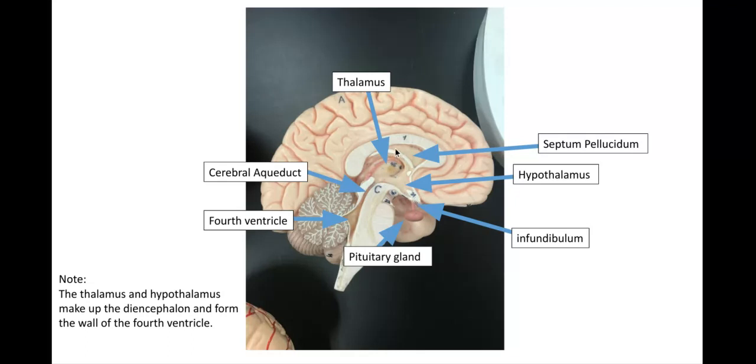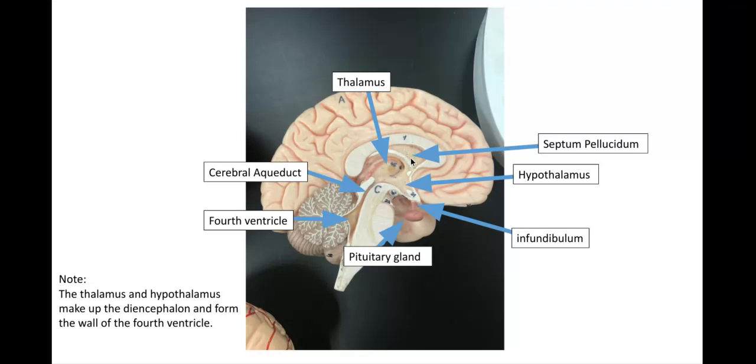If we look above the thalamus, there's this sort of empty space called a septum pellucidum, sorry. And that is going to be where cerebrospinal fluid can flow. Cerebrospinal fluid is going to be bringing nutrients and removing waste from the tissues in the brain.